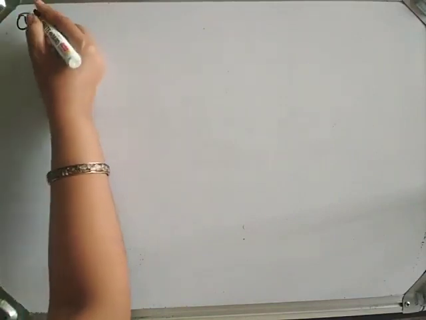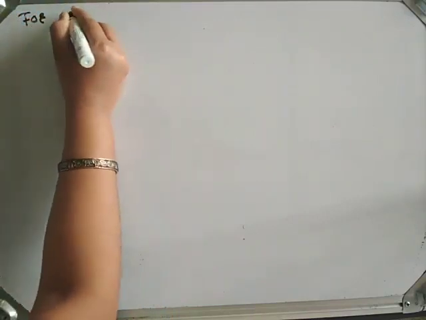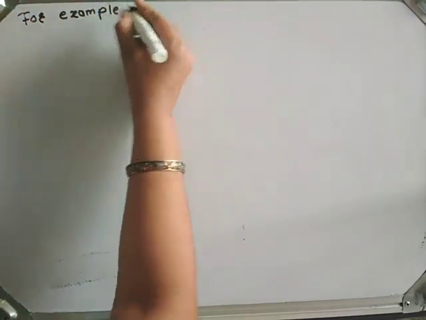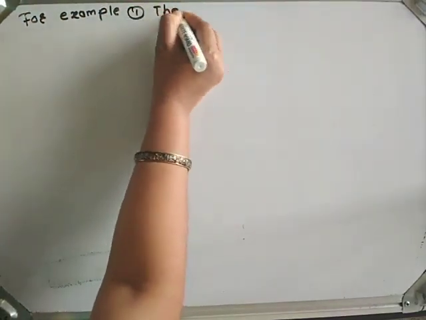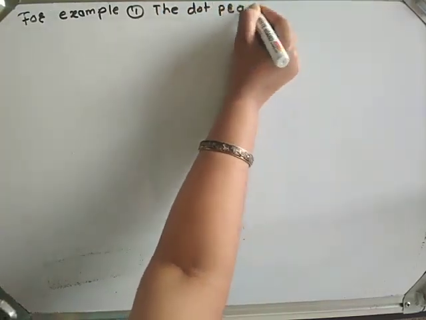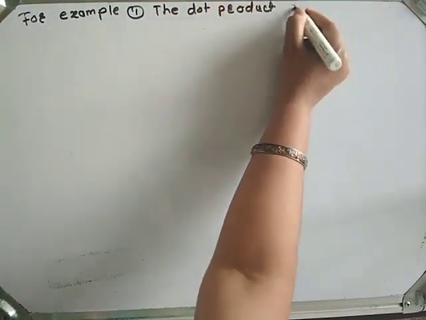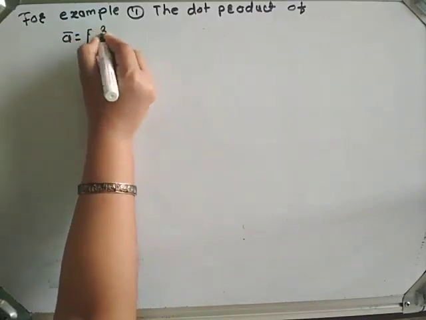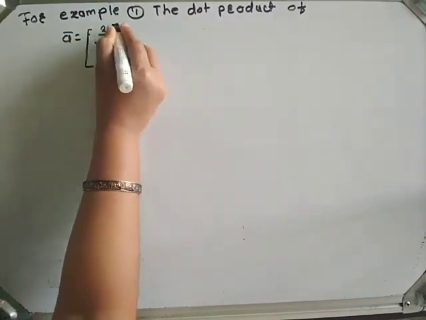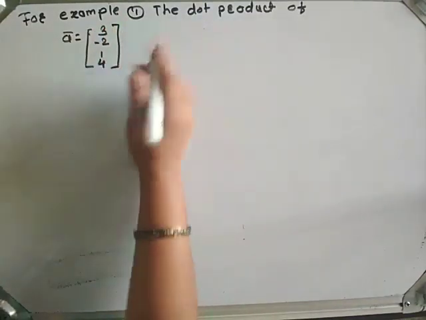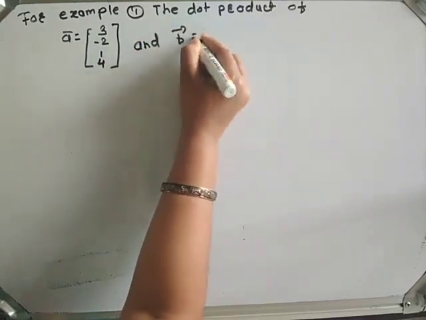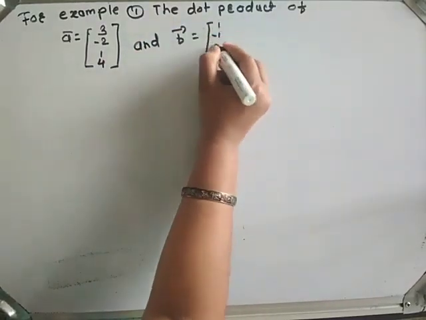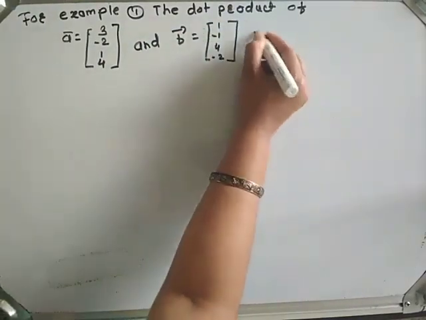Let us see some examples on dot product. First example: for example, the dot product of a bar is equal to 3, minus 2, 1, 4, and b bar is equal to 1, minus 1, 4, minus 2.